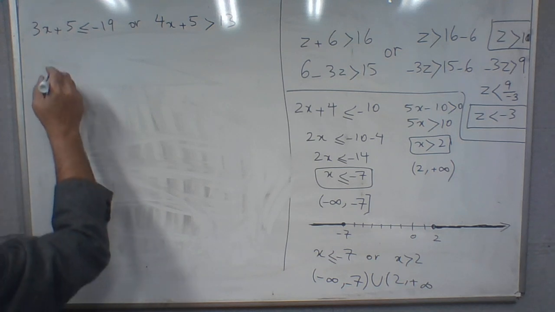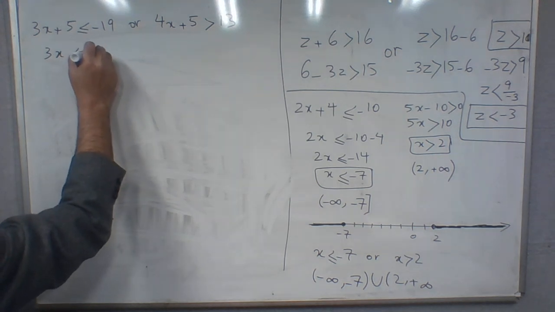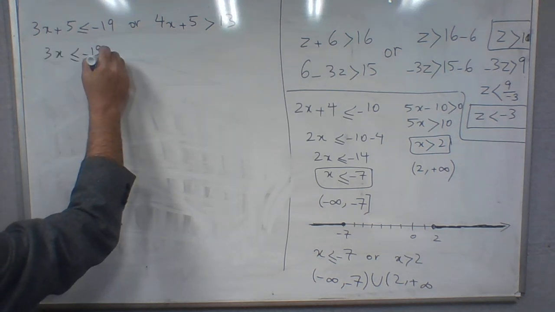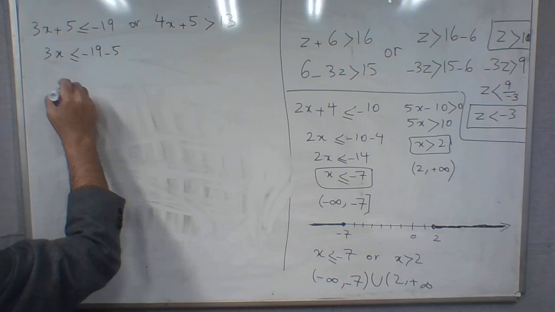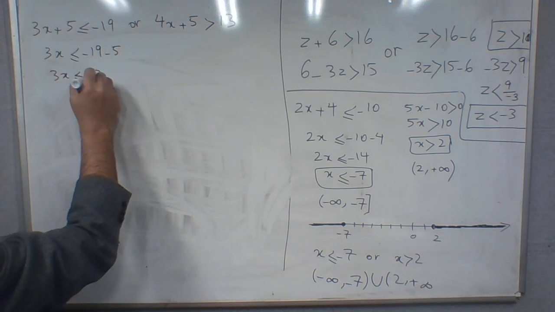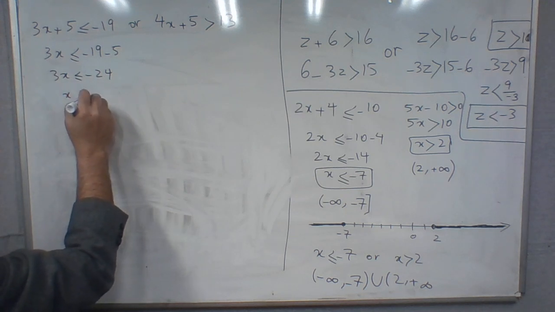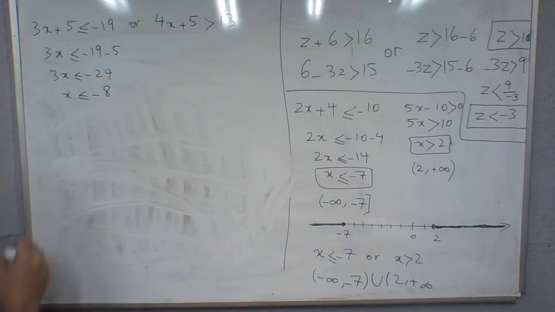So simplify. 3x less than or equal to -19 and 5 is changed to -5. So 3x less than or equal to -24, or x less than or equal to -8.